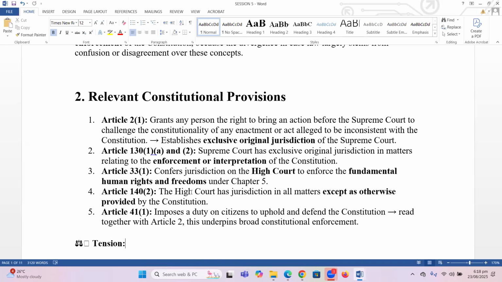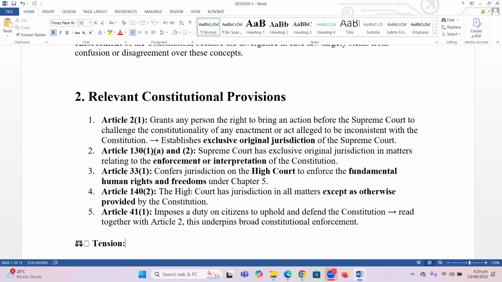So with respect to the Constitution, whenever there is any factual situation warranting a legal remedy, the court you go to first is the Supreme Court. And that is why we say that the Supreme Court has exclusive original jurisdiction in matters relating to enforcement or interpretation of the Constitution, as Article 130, Clause 1(a) and 2 also tells us.